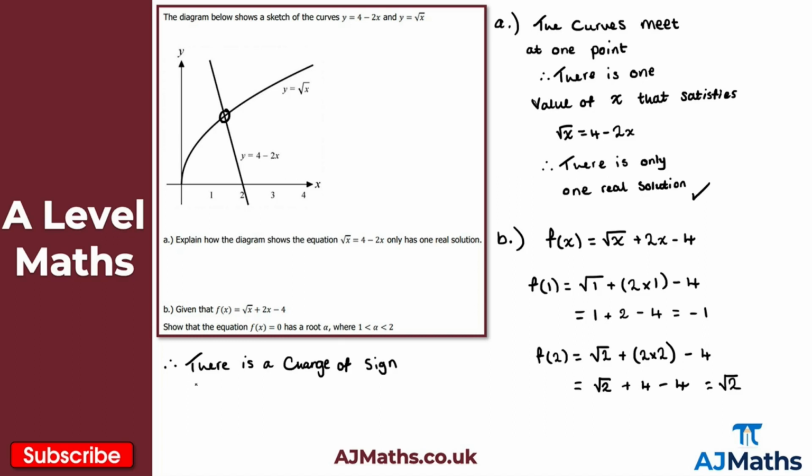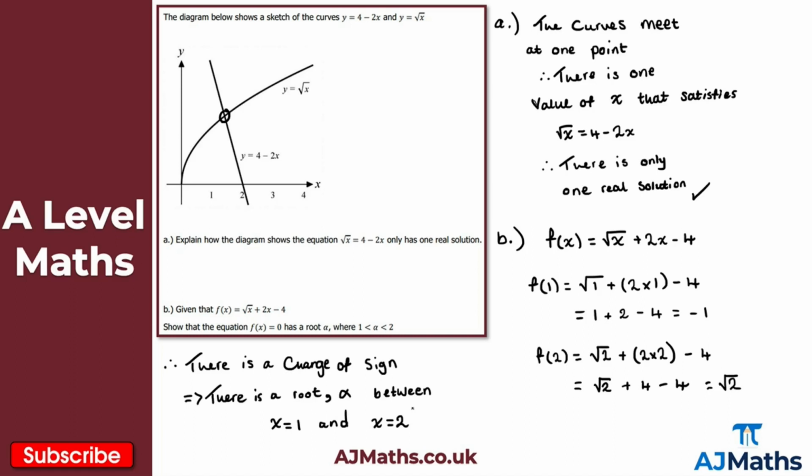So let's just write that down in full. There is a root. In this case here, we've used alpha in this question, so there is a root alpha between x equals 1 and x equals 2.